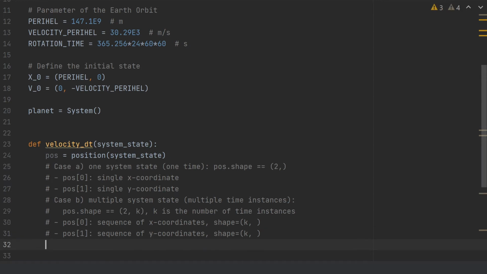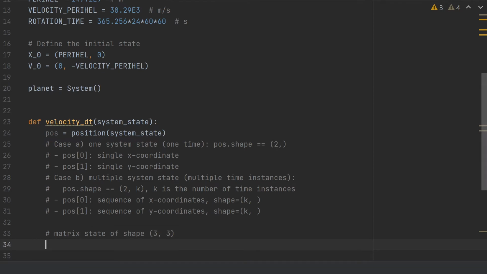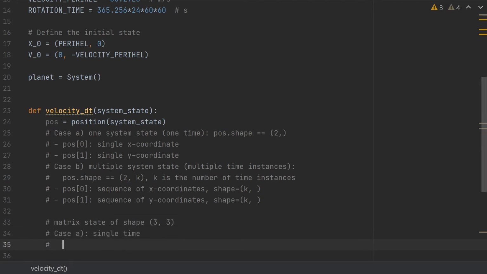So let's just think what would happen if we had a matrix. In that case, let's say we have a matrix of a state of shape 3 by 3. Then in case A, single time, we would have, let's call it M, the matrix state M. We have M of 0, 0, which would be a single entry, a single scalar.